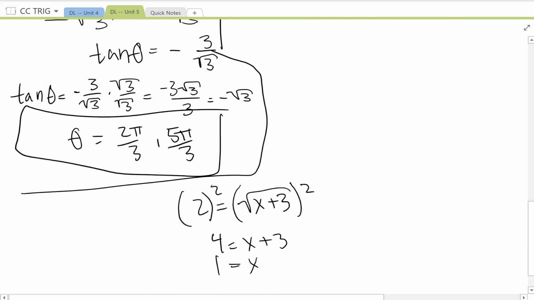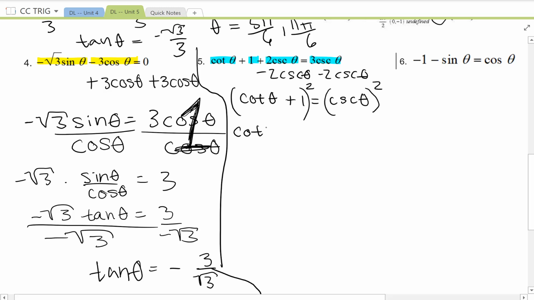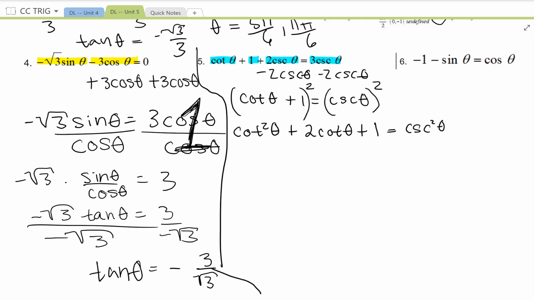It follows the pattern of quantity a plus b squared is equal to a squared plus 2ab plus b squared. Cotangent squared theta plus 2 times cotangent times 1 plus the last term squared is 1 is equal to cosecant squared theta.